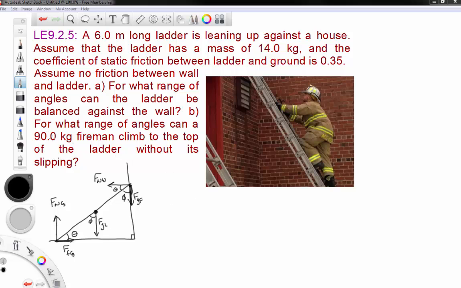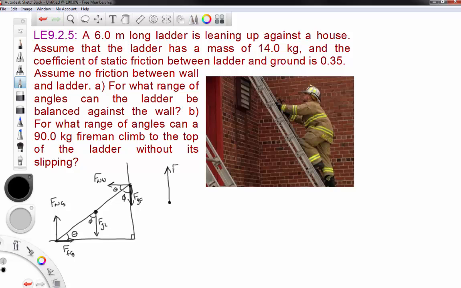Suppose we now have the condition that a fireman needs to be able to climb the ladder. What's going to change? Well, basically this is what our new diagram would look like, showing forces acting on the system. We add in one additional force for the firefighter, and our free body diagram now looks like this.